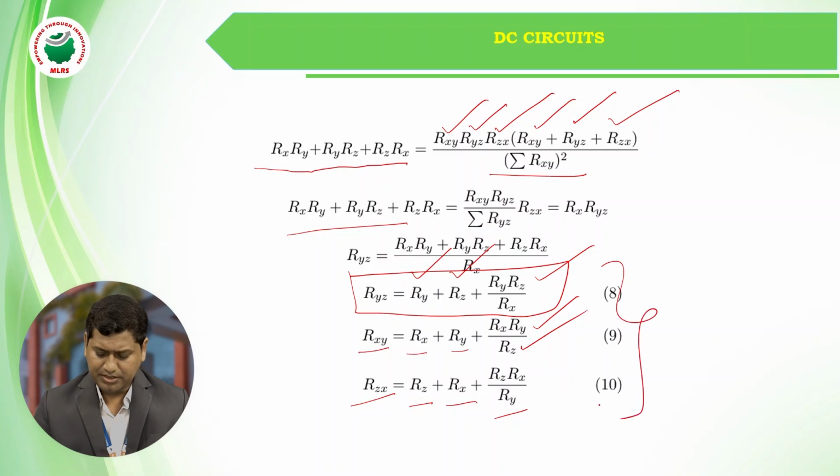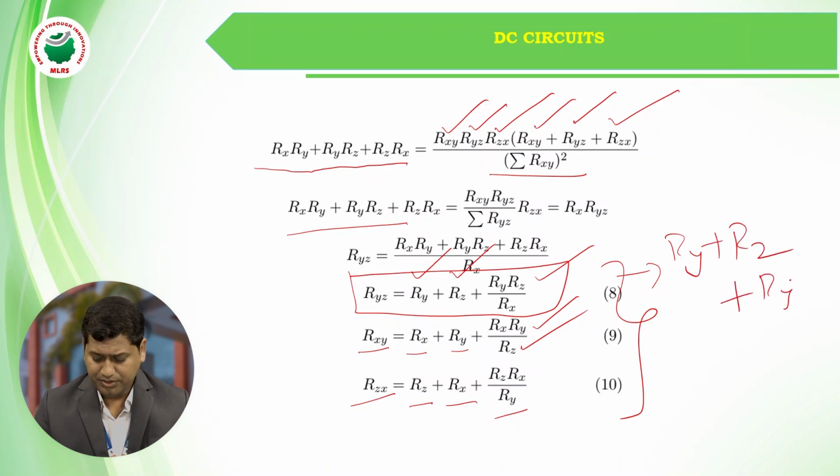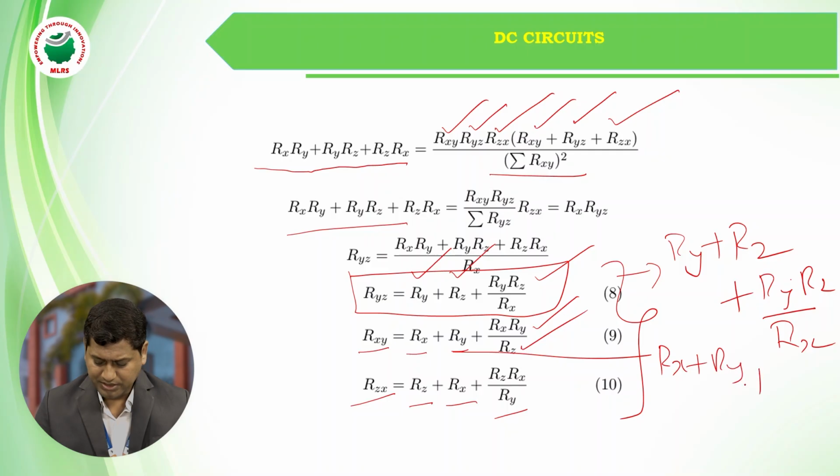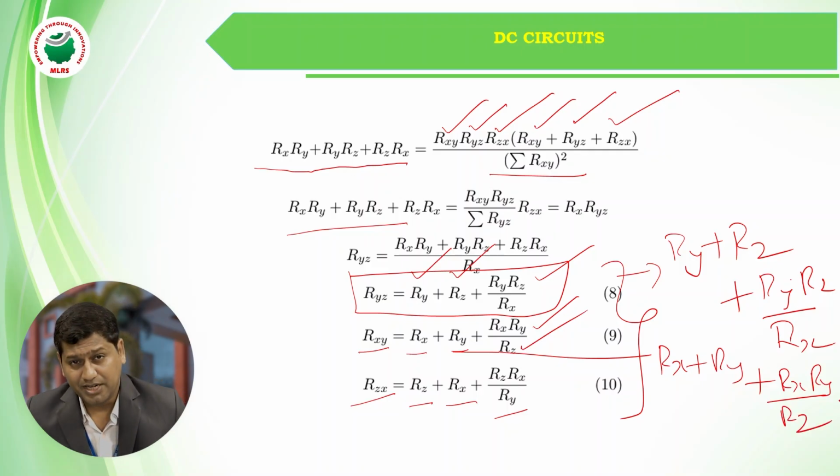If you see this pattern, for simplification of remembering, I'm talking about the ryz combination. In this ryz combination, there is a combination of y plus z plus y into z divided by the leftover x, that is rx. Similarly, rx plus ry plus multiplication of rx ry, leftover rz will be the denominator.